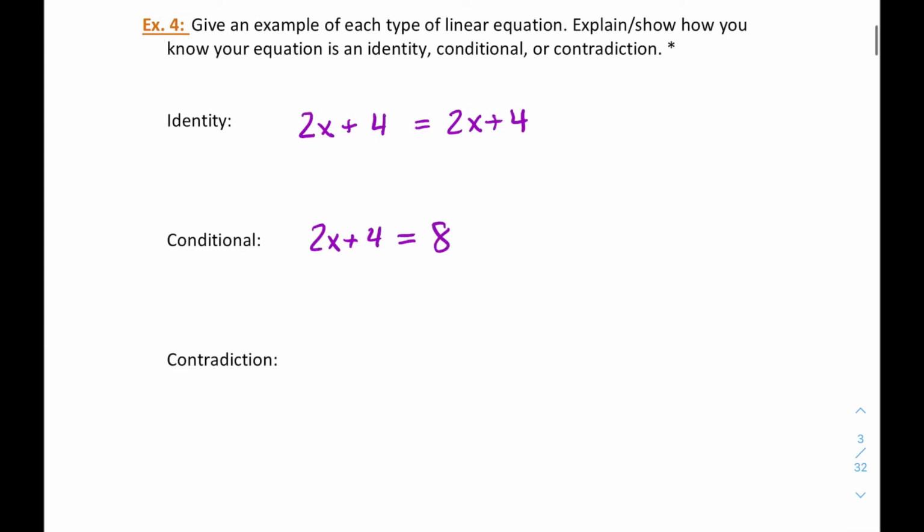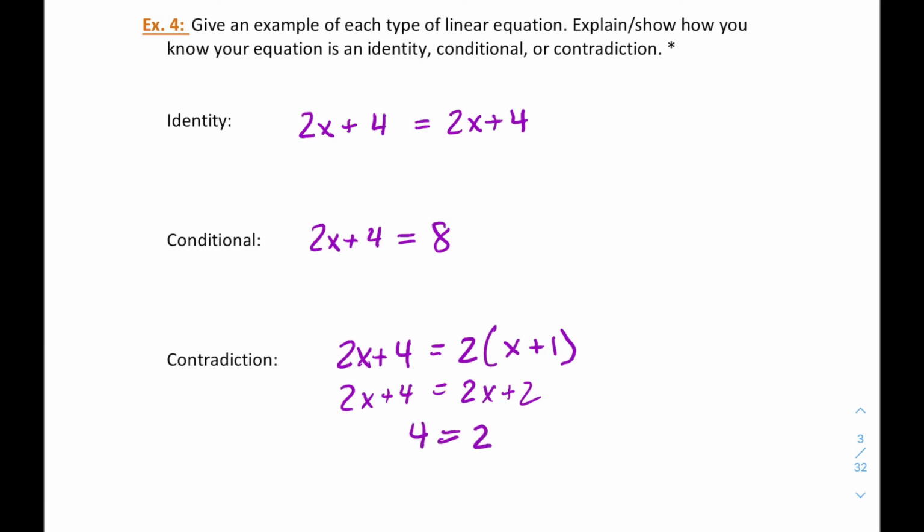And a contradiction could be something like 2x plus 4 equals, let's get a little fancier. Sometimes you can't quite tell until you simplify a little bit. Let's say 2x plus 2 times the quantity x plus 1, which if you multiplied that out, you'd get 2x plus 2 equals 2x plus 4. And if you try to solve, you end up with the contradiction 4 equals 2.